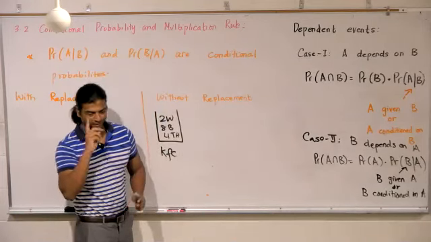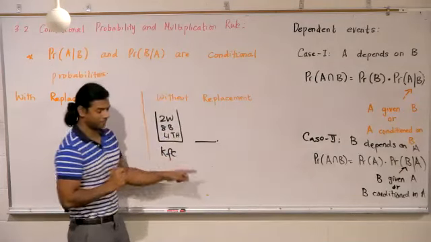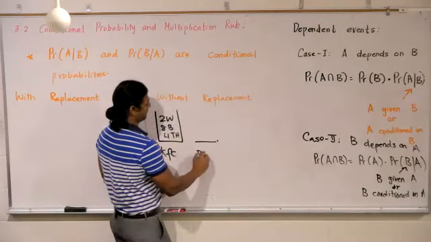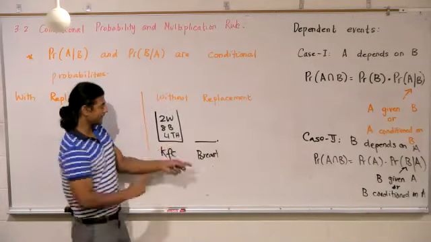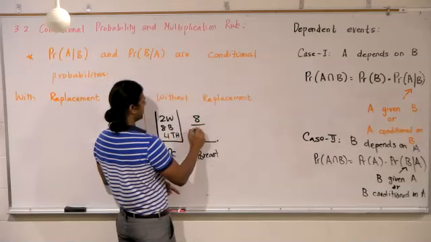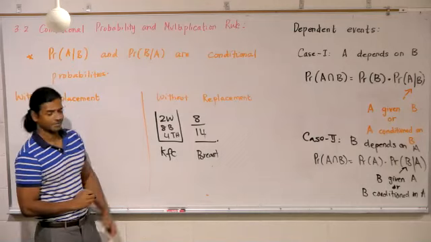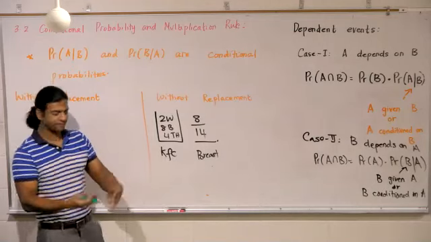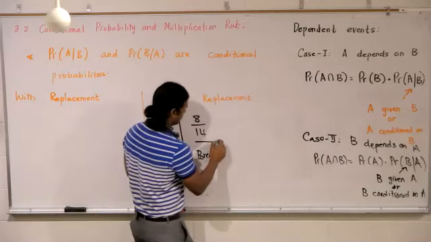You wanted a breast. What is the probability that you would get a breast? 8 out of 14. How did you get that, Rebecca? There's 8 of them and there's 14. 8 breasts divided by the total, 14. You can reduce this later.